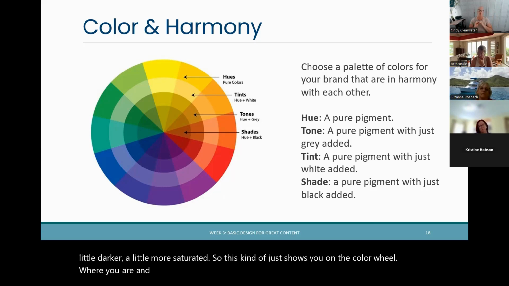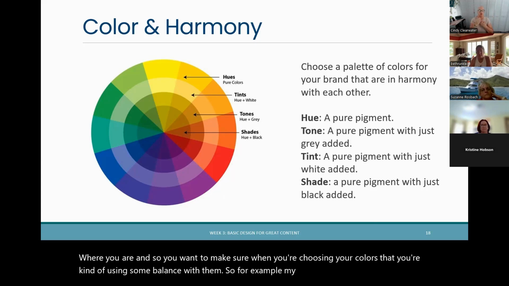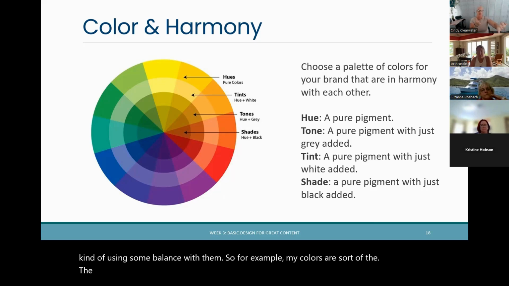And so when you're choosing your colors, you want to make sure you're using some balance with them. For example, my colors are the tertiary turquoise, which you can see at the bottom, off to the left, right?